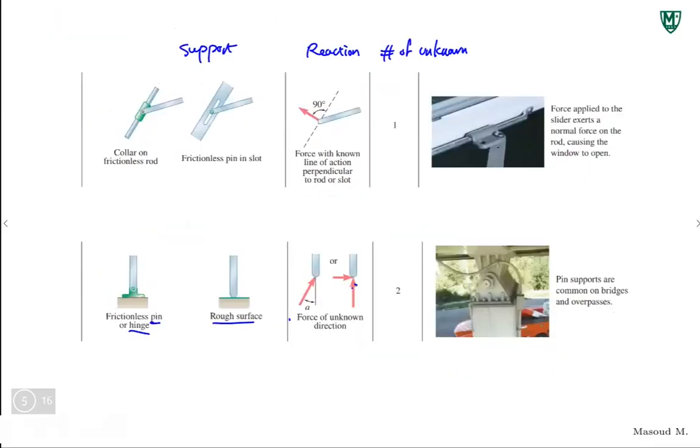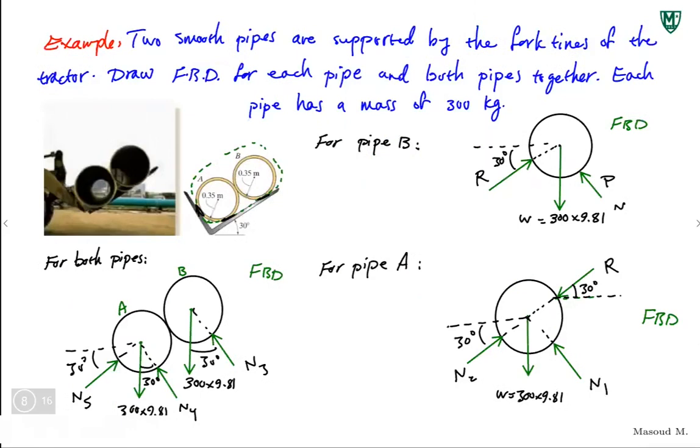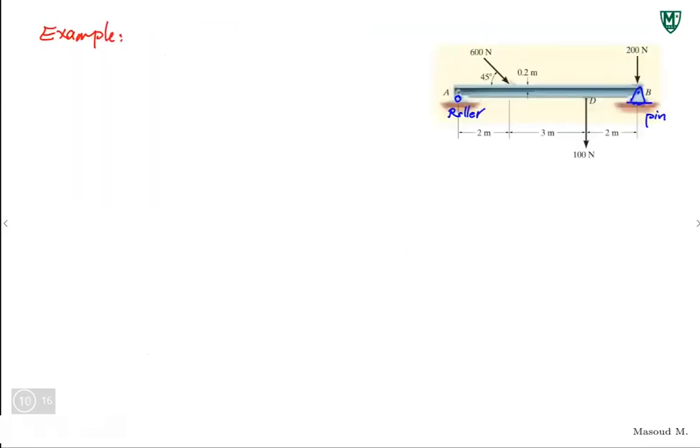If it's not very obvious, or it's the pin, it should be pretty obvious. If it's not very obvious, I'll tell you what the support is. Typically, it's pretty obvious. This is not a great representation, or at least I guess I got a bad quality picture.